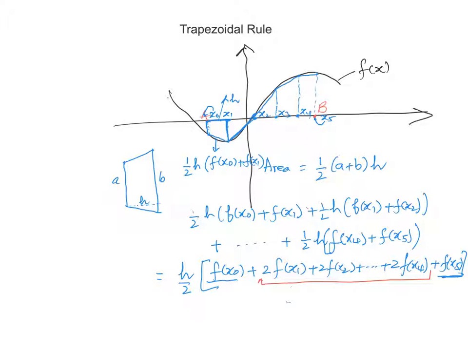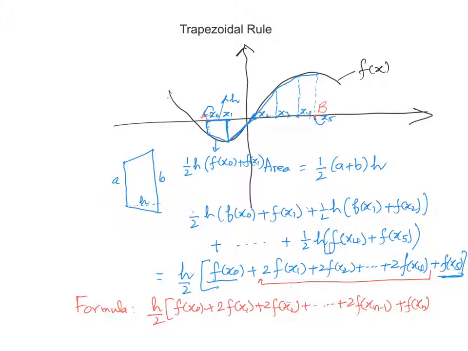So therefore, the formula is h over 2 times f of x naught plus 2 times f of x1 plus 2 times f of x2, and so on, 2 times f of x n minus 1 plus f of x n. This is the trapezoidal rule.